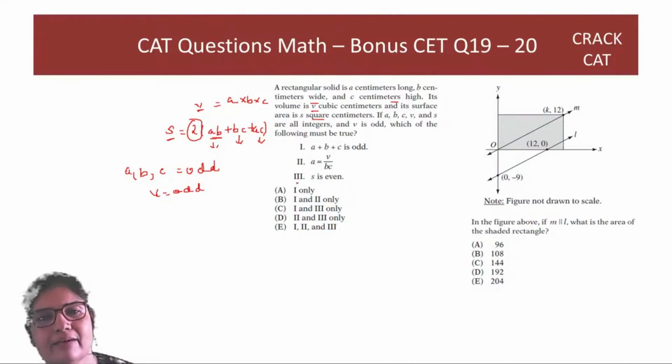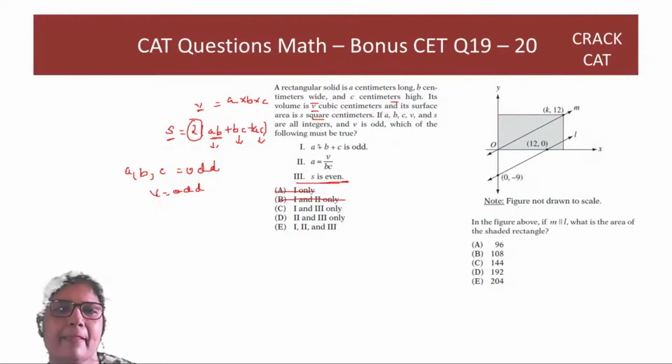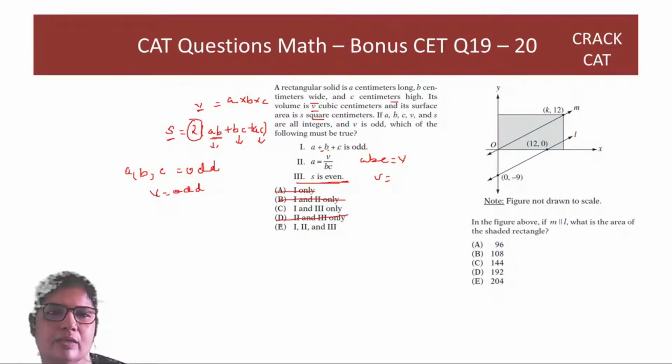So S is definitely even, and hence 3 is true. So I can eliminate this option and that option. A, B, C each are odd, so the sum also has to be odd. So 1 is also true. And ABC is equal to V, so A will be equal to V over BC. So all three are true.